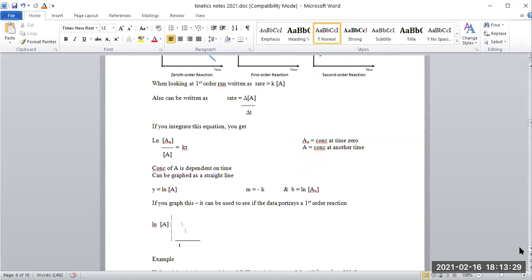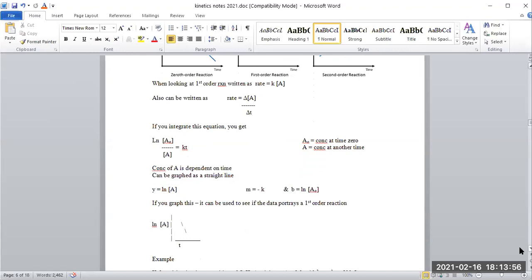So things we need to think about for this. Your concentration of whatever it is you're looking at, A, is dependent on time. And since we're natural logging it, your y-axis is the natural log of concentration.